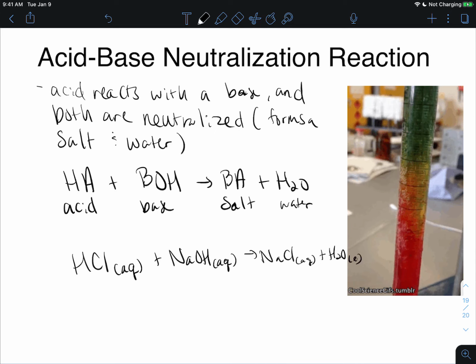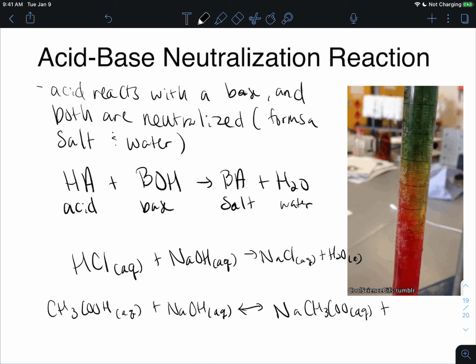Another example, acetic acid reacts with sodium hydroxide to produce, we get a funny arrow here, and we'll talk about why. It's the equilibrium. We'll talk about it in a following unit. But it produces sodium acetate and water.